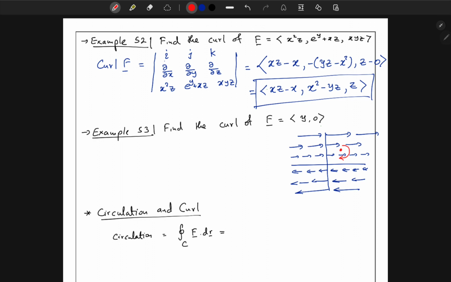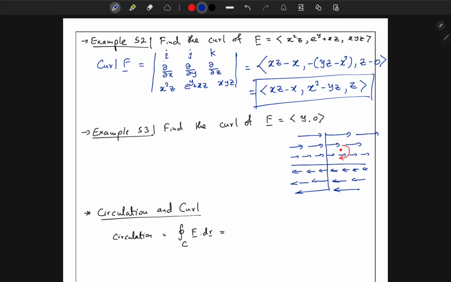Now using the right hand rule, the vector of rotation is going towards the screen. If you are rotating in clockwise direction, use right hand rule. Then the thumb is directed inside the screen, so the vector should be inside the screen, or a negative k. We don't know exactly what the number is. It should be some number times negative k.